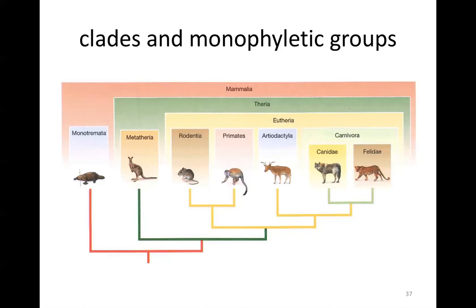But it turns out that they share a more recent common ancestor with each other than they share with dogs, for instance, right? Their common ancestor is here, rodents and primates. Our common ancestor with dogs goes somewhat farther back. I think one is like 80 million years, the other one is about 100 million years.